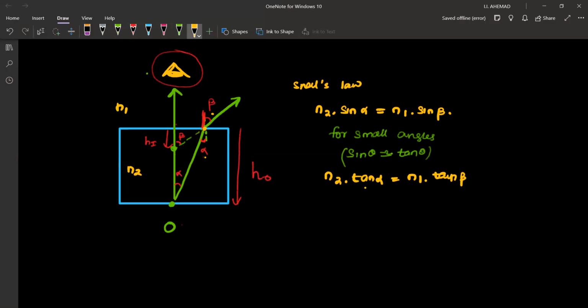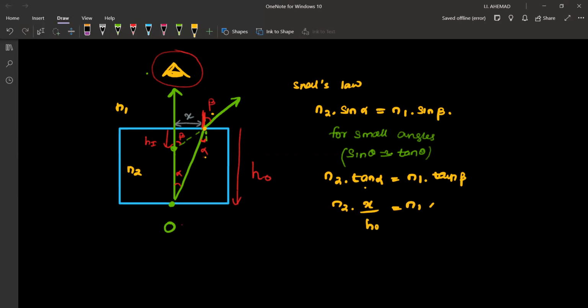Now, what is tan alpha? Tan alpha is opposite over adjacent. So let's consider this opposite distance as x. So N2 tan alpha, opposite is x over height, that is h naught, is equal N1.